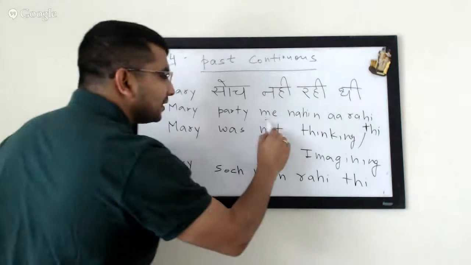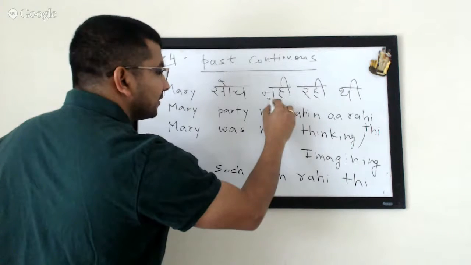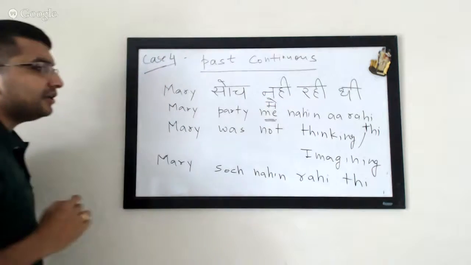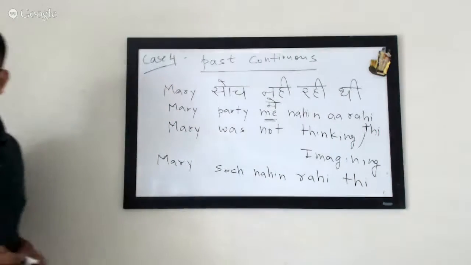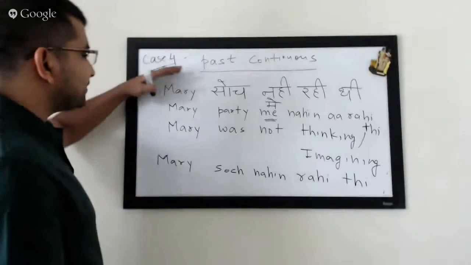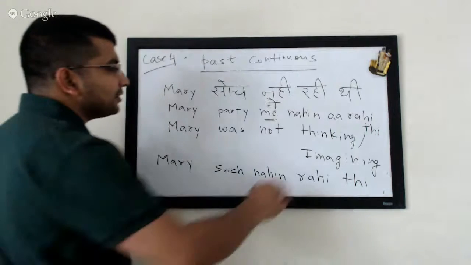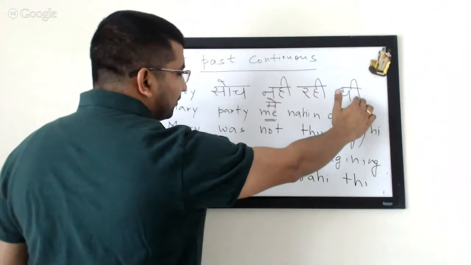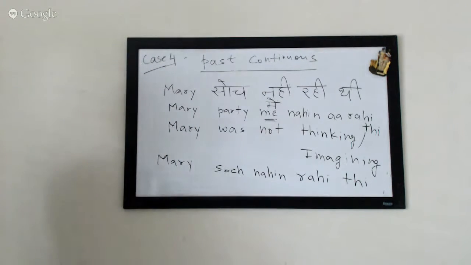You have to put में, which is the postposition here, in the party or at the event. Like party में. Good. So as I said, past continuous is pretty straightforward. All you have to do is come up with the present continuous tense and then replace it with tha, thi, and the based on the subject.